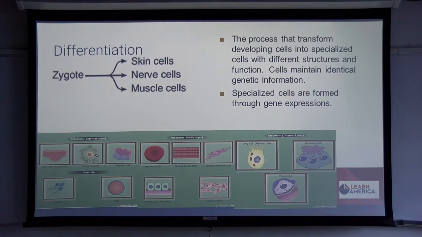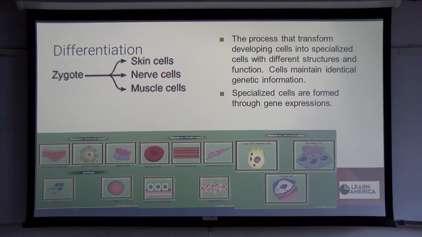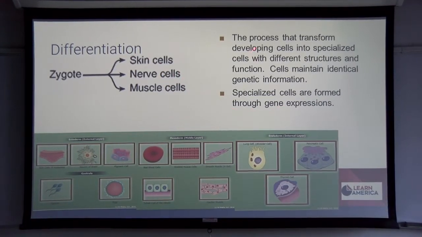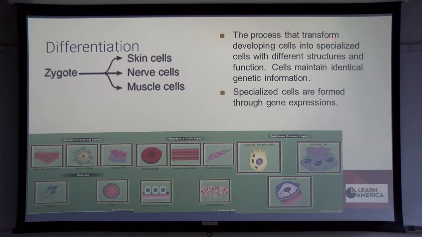Okay, so we went on to differentiation. This is where we left off the last time. Here's the zygote. Differentiation is the process of creating the skin cell, nerve cell, and muscle cell. This is the process that transforms developing cells into specialized cells with different structures and functions.